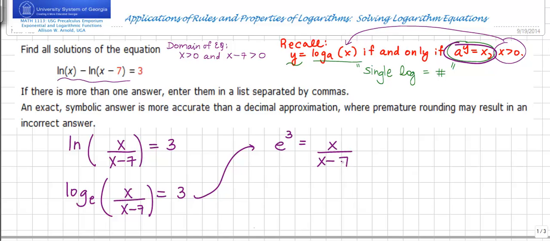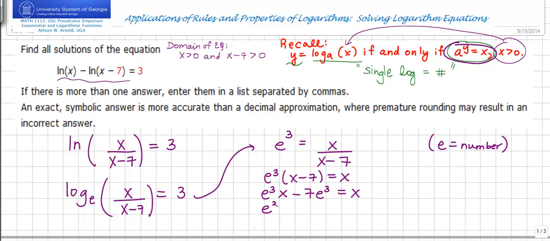Now it's easy to get tripped up here. You don't want to focus on the e. e is the number 2.71828. x is the variable. So remember, e in this case is a number. Okay? So I can write e cubed times x minus 7 equals x by cross multiplying. I can say the number e cubed times x minus the number 7e cubed equals x from distributing.